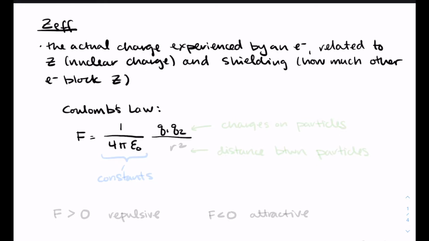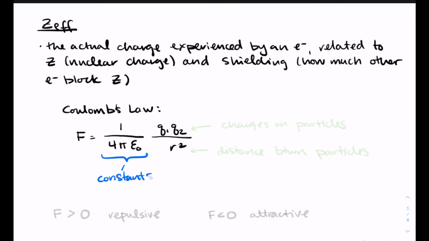Coulomb's law will help us with this. So this force, I think I have the force equation. You can also talk about this as an energy equation, which has some small tweaks. The 1 over 4 pi epsilon naught, those are all constants.